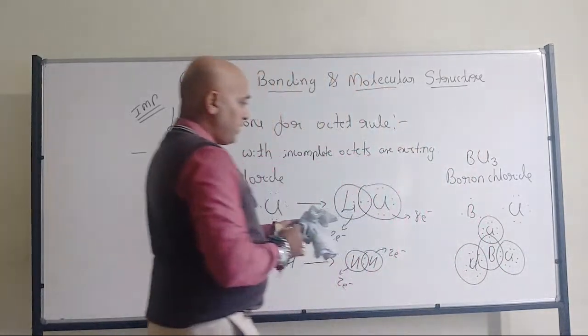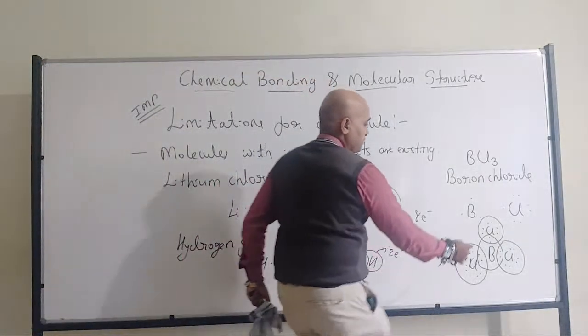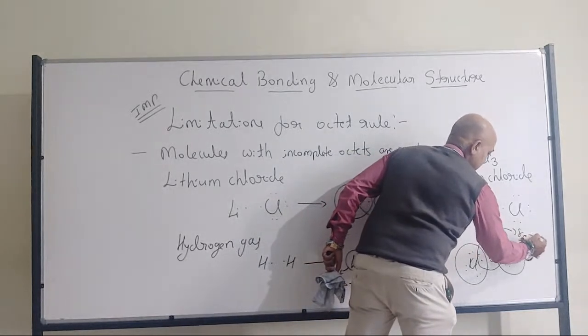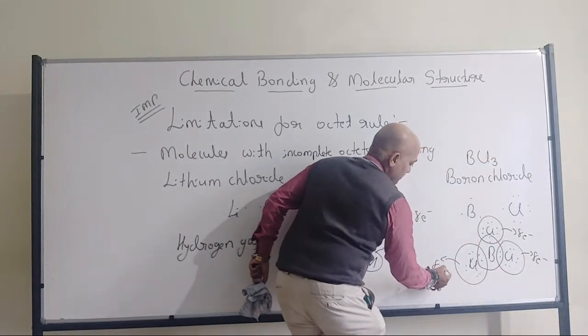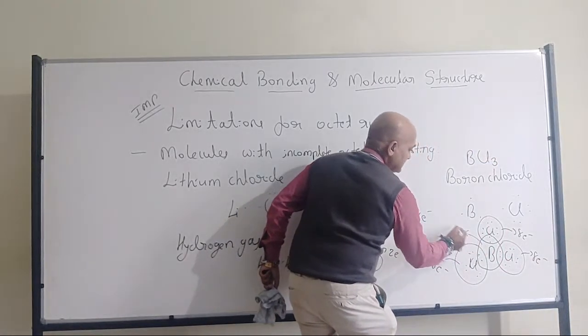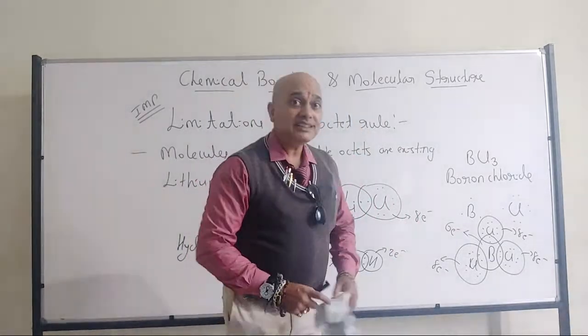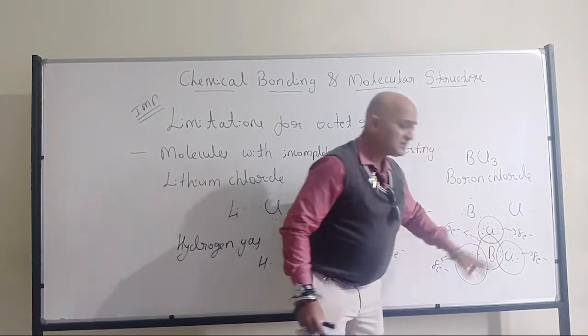Now if I observe it carefully, this is the Lewis dot structure for BCl3. Chlorine with 8 electrons, chlorine with 8 electrons, chlorine with 8 electrons, but boron is with 6 electrons. 1, 2, 3, 4, 5, 6.